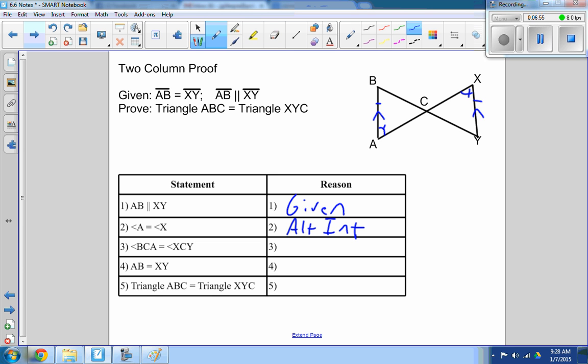Angle BCA is congruent to angle XCY, those are vertical angles. AB equals XY, that's given. So triangles are congruent by angle, angle, side.